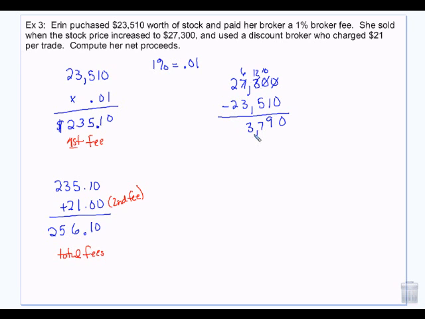On the stock, she made $3,790, but it's her net proceeds, so I have to take that $3,790 and subtract the fees. So she actually only made $3,533.90.